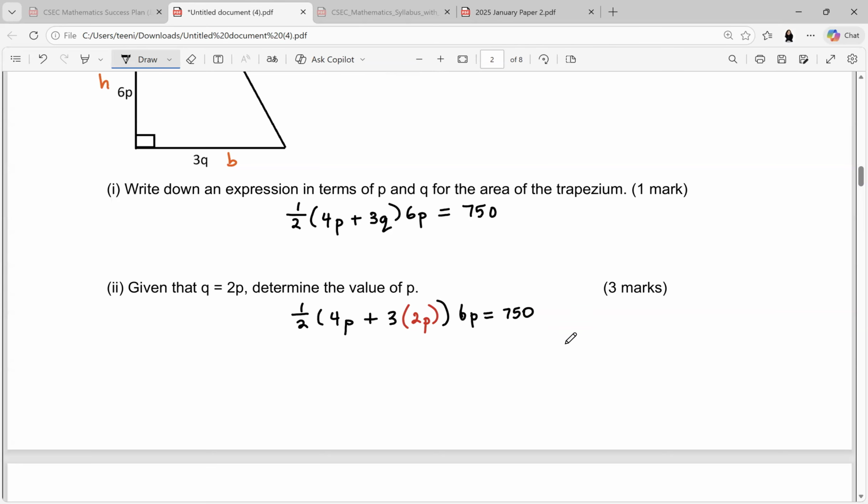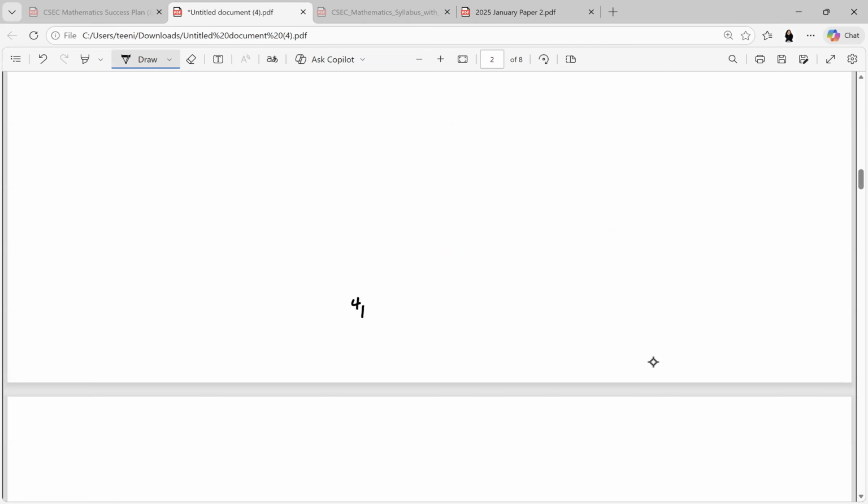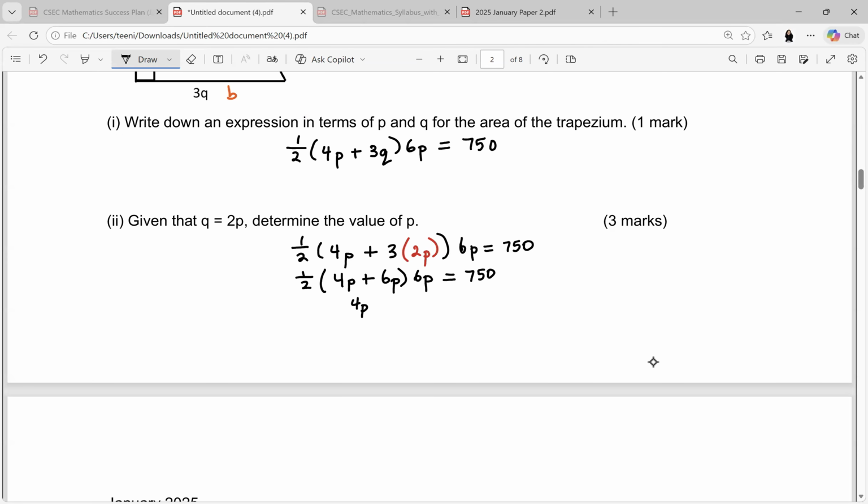And now we're going to solve this equation. So let's see. This is a half of 4p plus 3 times 2p, which is 6p, all multiplied by 6p, equal to 750. Okay, so I'm going to get rid of this half by multiplying throughout by 2. Before we work out 4p plus 6p, let's do it step by step.